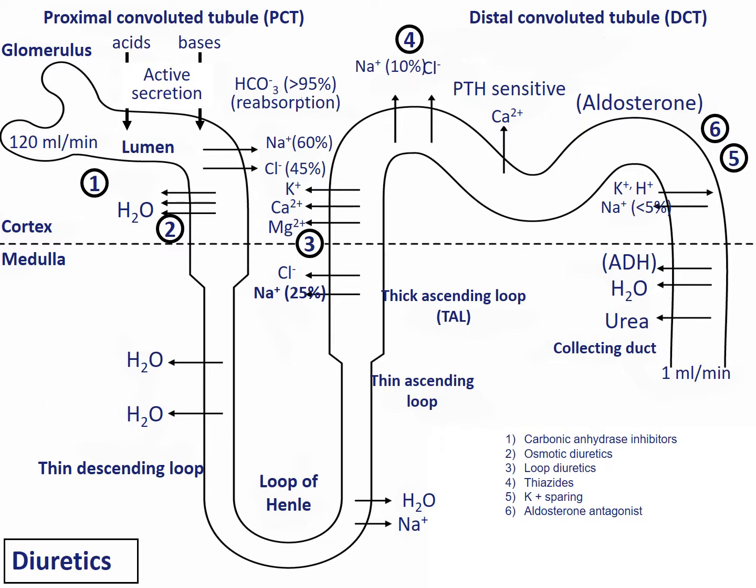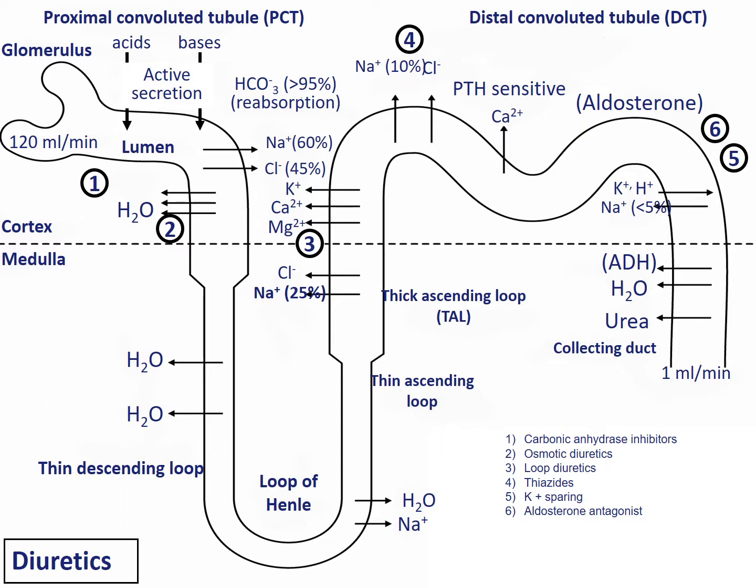In the proximal convoluted tubule, at the junction of the cortex and medulla, there is significant reabsorption of water and bicarbonate. Most of the bicarb actually gets absorbed here. As we progress down the thin descending limb of the loop of Henle, more water is reabsorbed, and then up through the thick ascending limb of the loop of Henle. This is where the sodium-potassium-chloride co-transporters exist, and at this stage we have significant reabsorption of potassium, calcium, sodium, magnesium, and chloride.